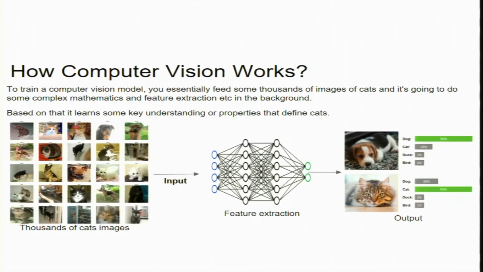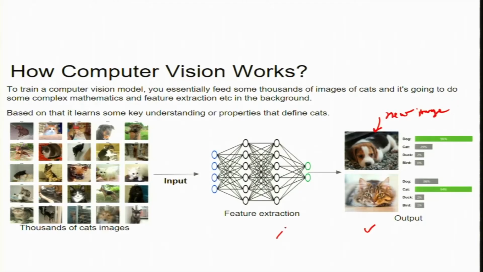This algorithm or machine learning model for computer vision is called trained once it goes through all these images and understands the features of this object called a cat. Then you can see the output.